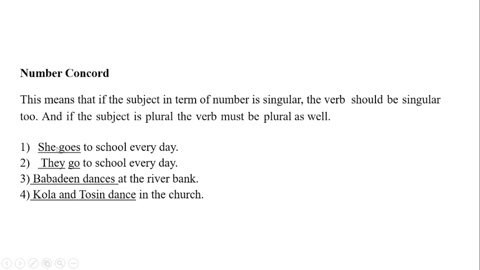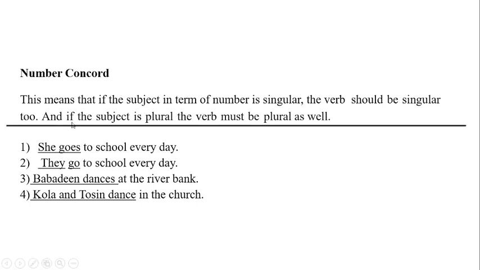The subject is she, just one person, a female, either a girl or a woman. Then the verb must be singular. Now, if the subject is plural, the verb must be plural as well.